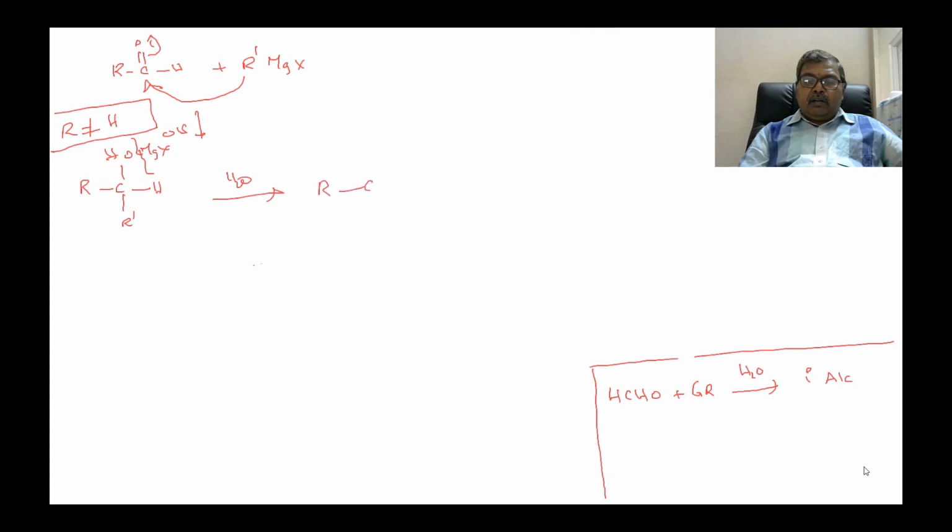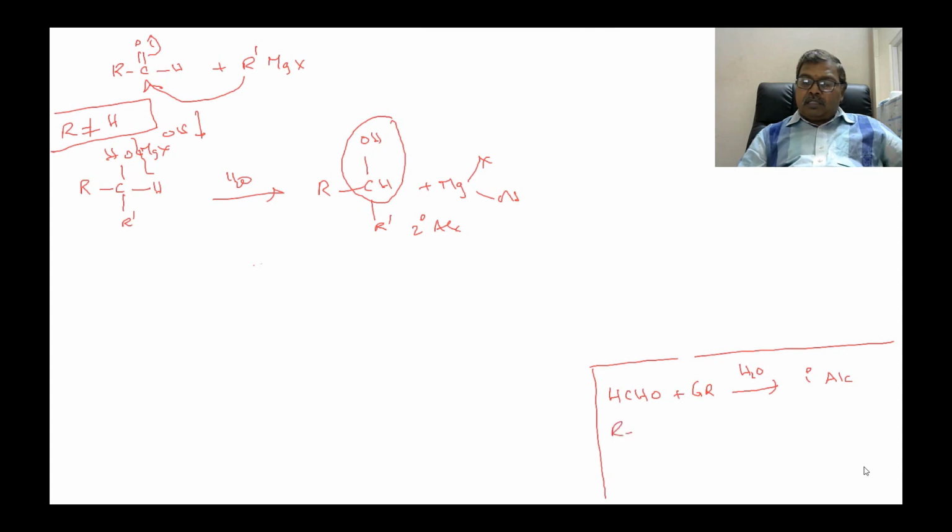So you will get RCH R dash OH plus byproduct MgXOH. So this is a secondary alcohol functional group.